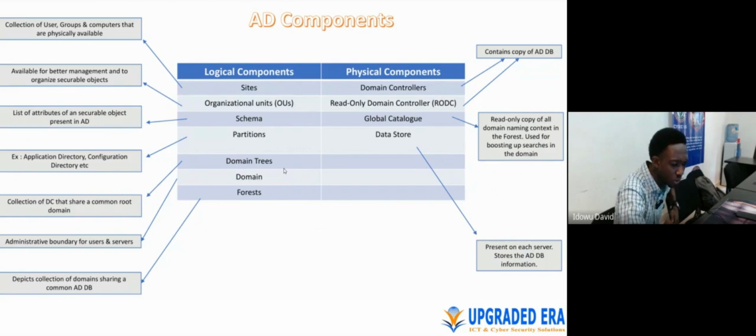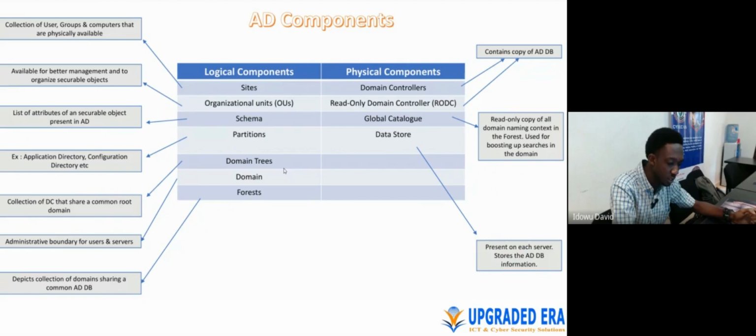For the physical component that matches up to this, we have the domain controller, which contains an entire copy of the Active Directory itself. Now, an OU, which is the organizational unit, is available for better management and to organize securable objects.